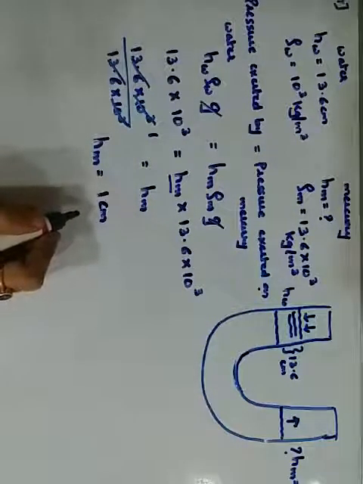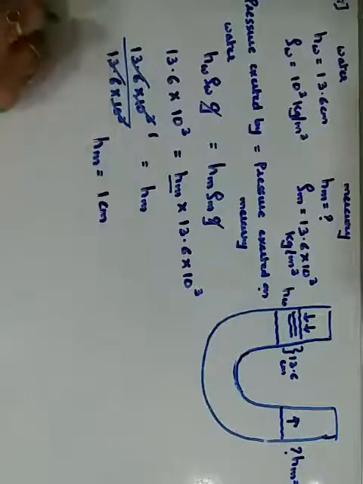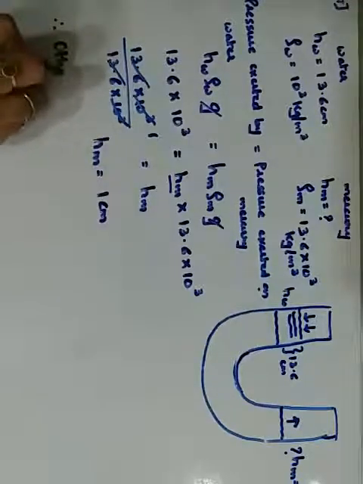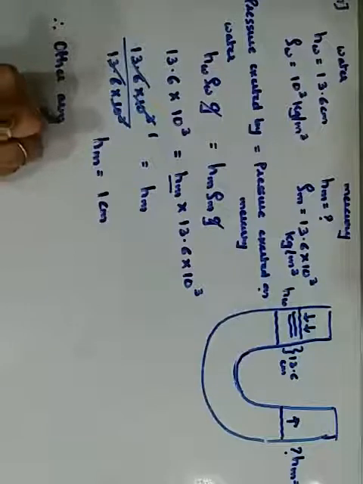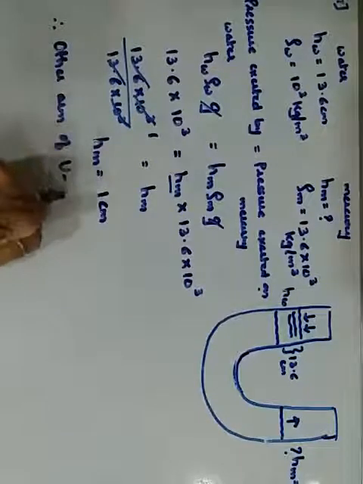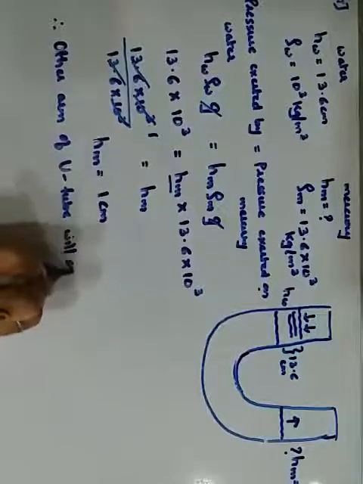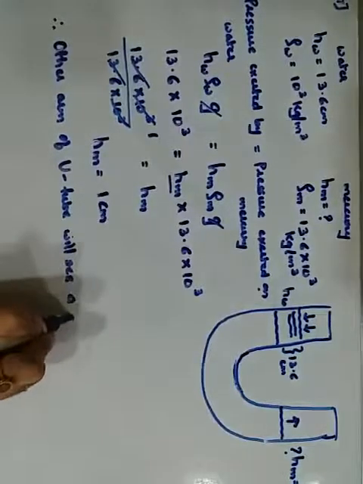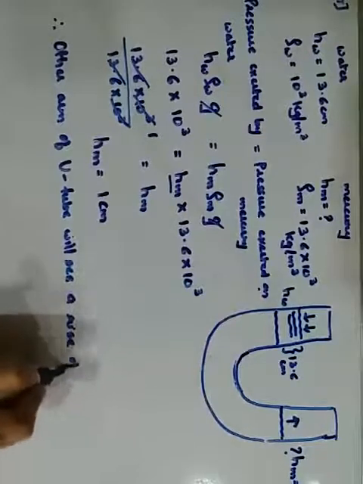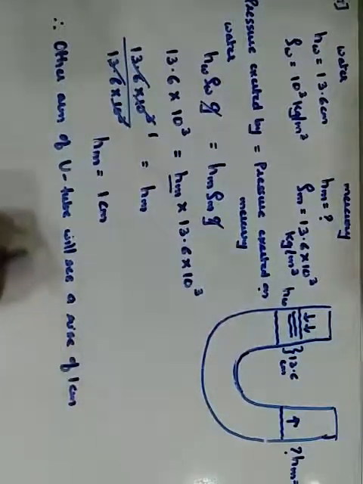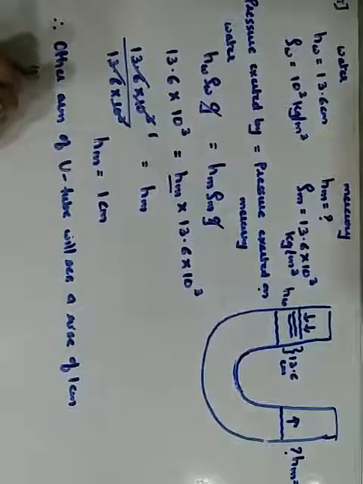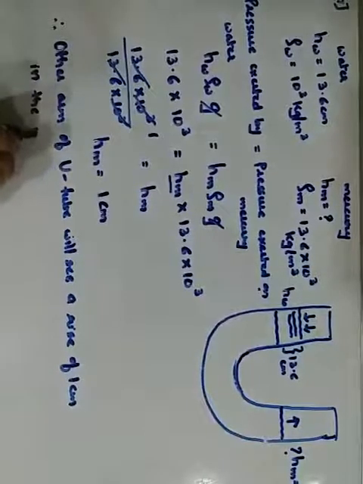And therefore your final answer says that the other arm of the U-tube will see a rise of about 1 centimeter in the mercury level. Getting it?